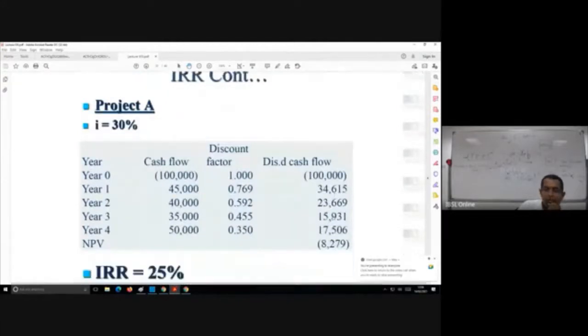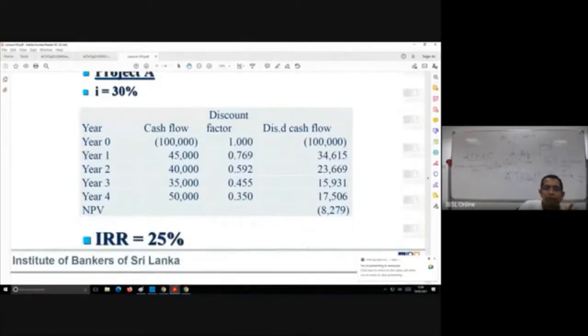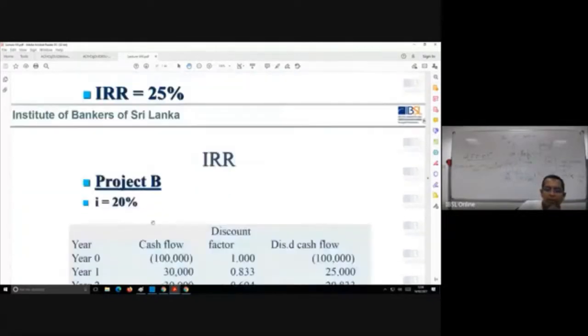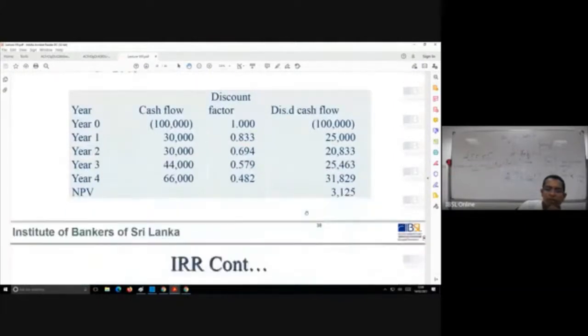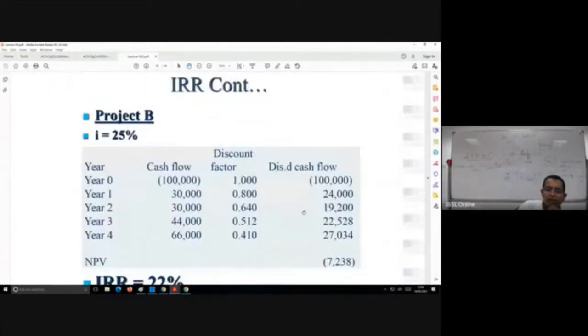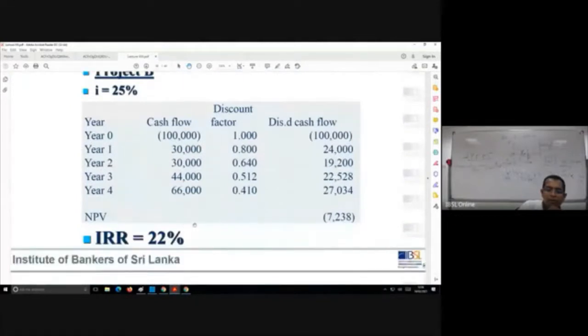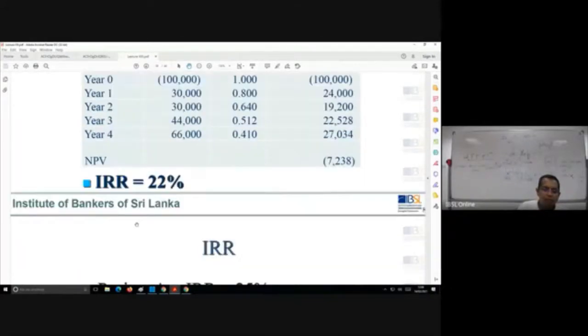Then you get 25. You use 29,030 minus 8,000. Then you will get IRR 25. Similarly, for project B, you put 20, you get 3,100. So you put 25, you get minus 7,000. Then IRR is 22. The project which has the highest IRR is the best project. So project A would be the best.